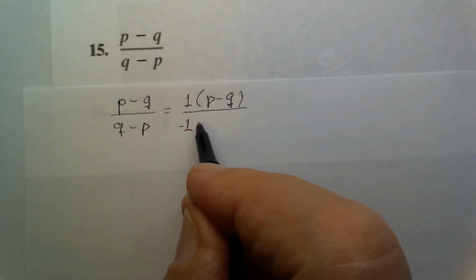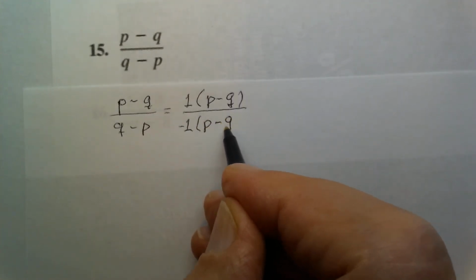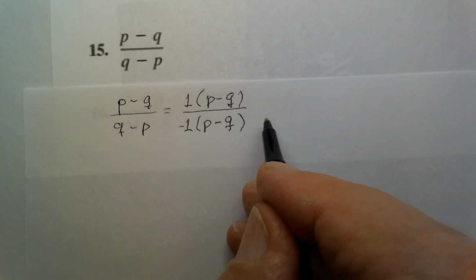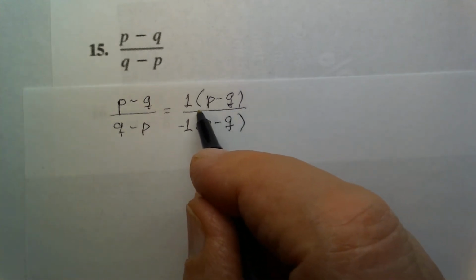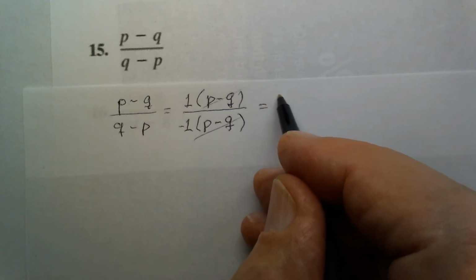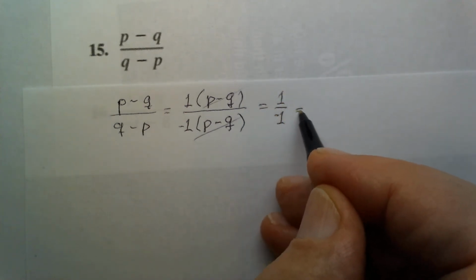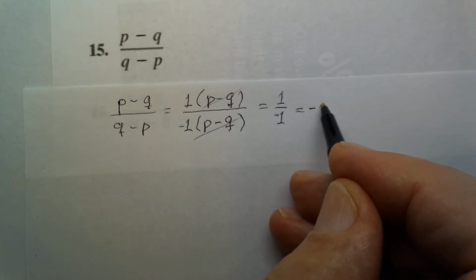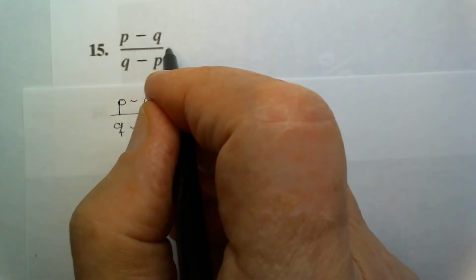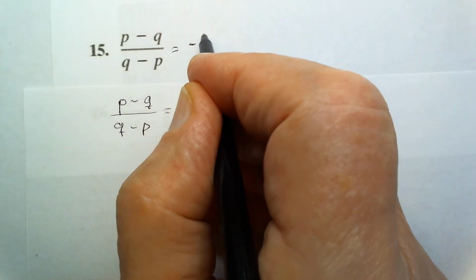And so this becomes p minus q also. And now we can cancel the factors p minus q against the p minus q. And we have 1 divided by minus 1, which is equal to minus 1. So the answer to this problem here is -1.